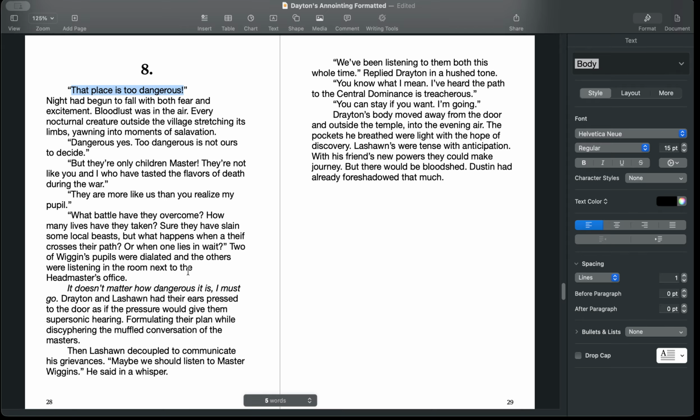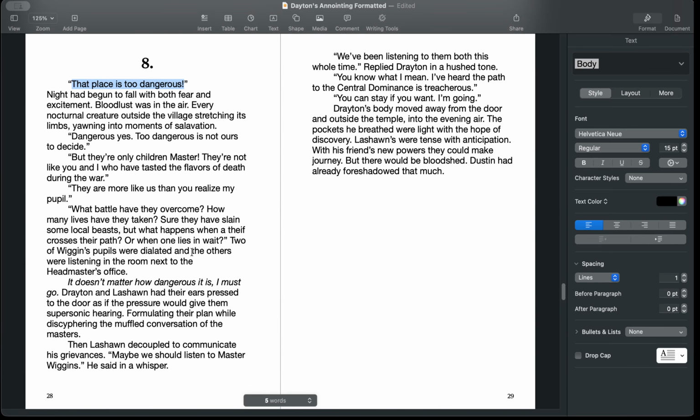LaShawn, the second most important character thus far, is a bit nervous and he agrees with the master that is afraid that it is too dangerous. And then our main character, Drayton, doesn't care. He wants to go. It doesn't matter. That's why we have this line: "You can stay if you want. I'm going." So we did a lot of little things like that.